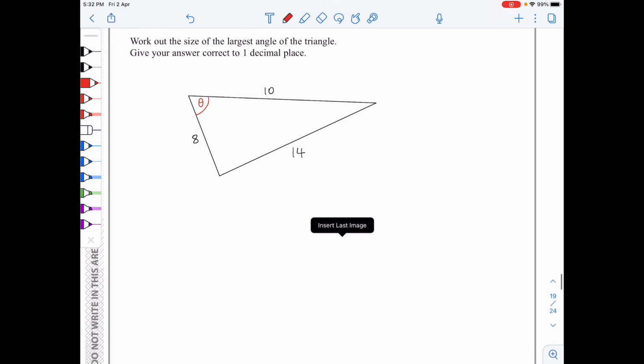So we're just going to use the cosine rule here to determine theta. So 14 squared is 8 squared plus 10 squared minus 2 times 8 times 10 cos theta. So we know that 14 squared, 196, equals 64 plus 100 minus, now 2 times 8 times 10 is 160 cos theta.